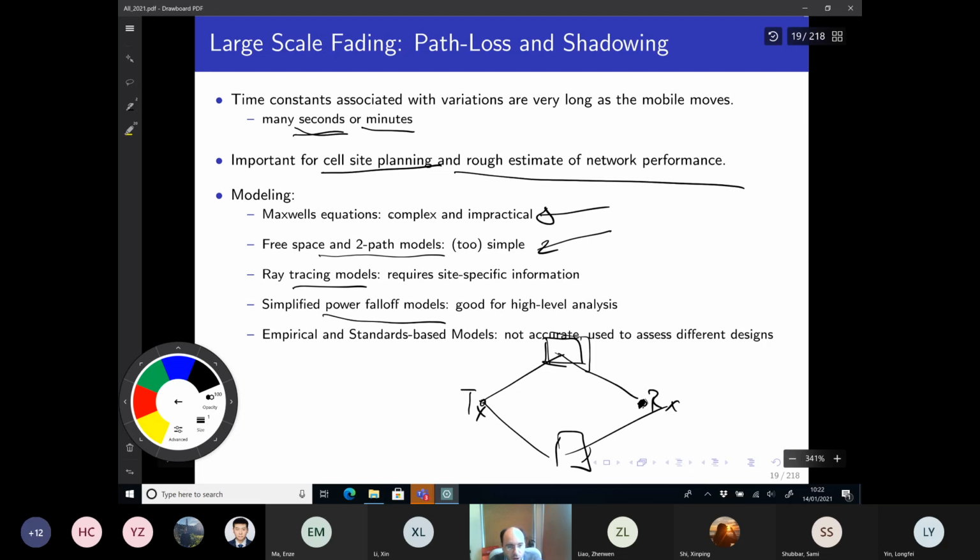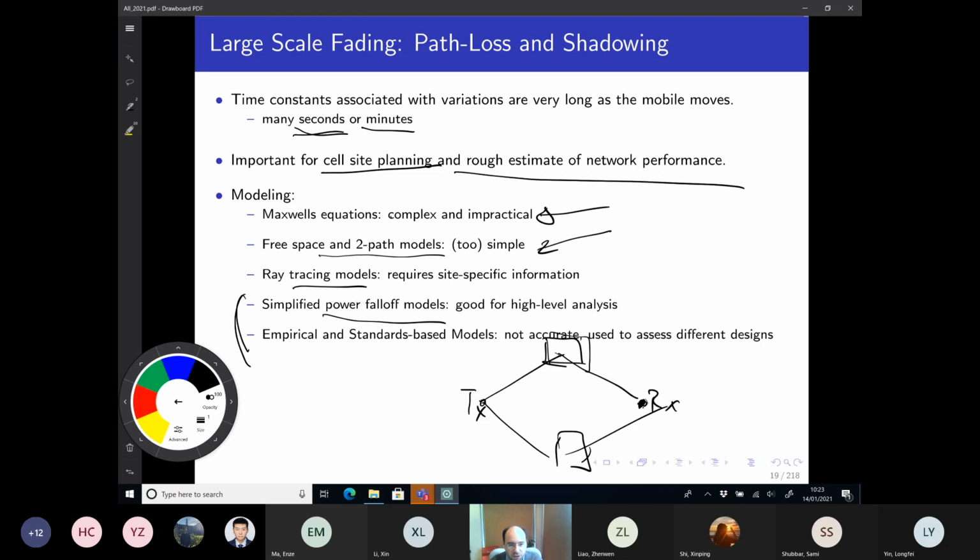Simplified models, power fall-off models, are good for high-level analysis. I will show you this in a minute. And then empirical models, standard-based models, are not very accurate, but they are quite useful for different designs. Some of those are what is used a lot in 4G and 5G design.